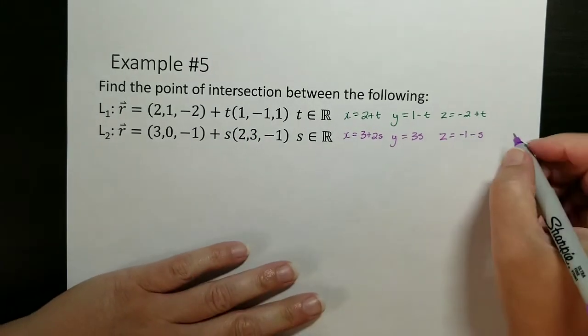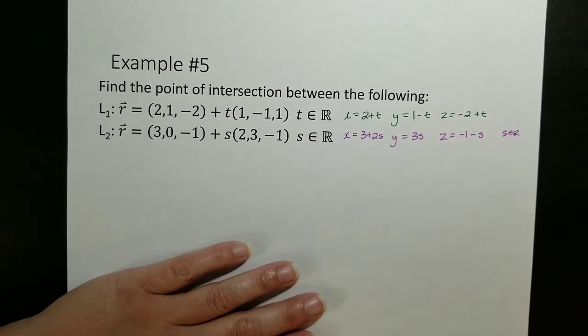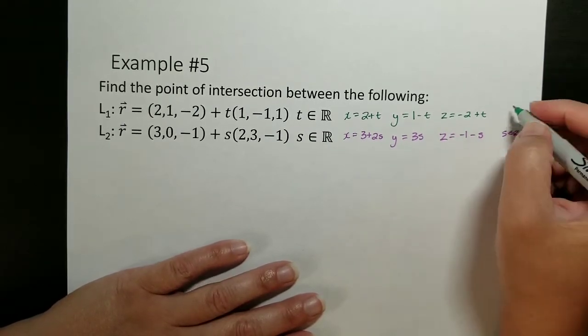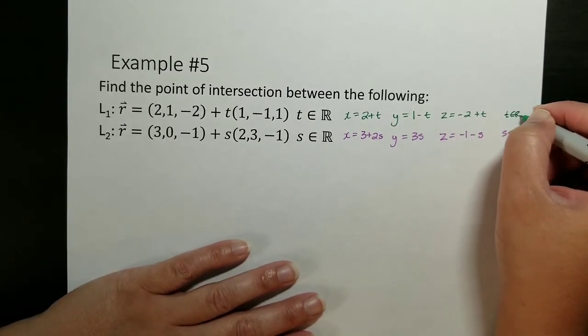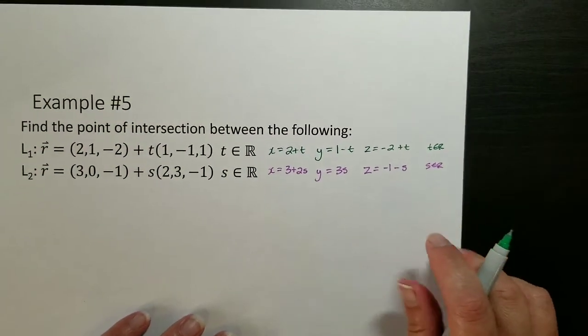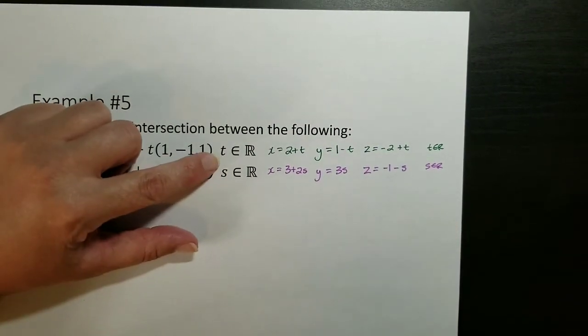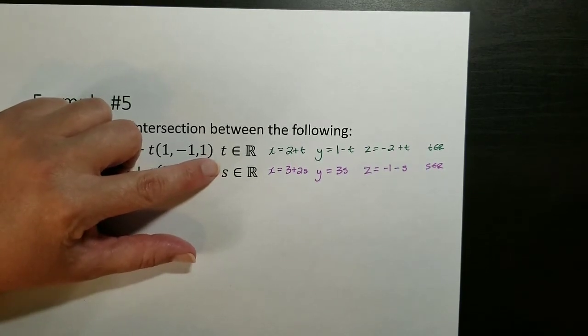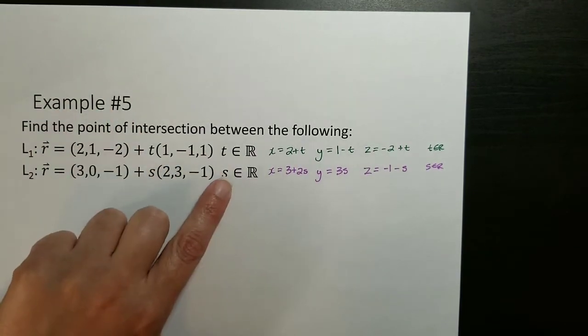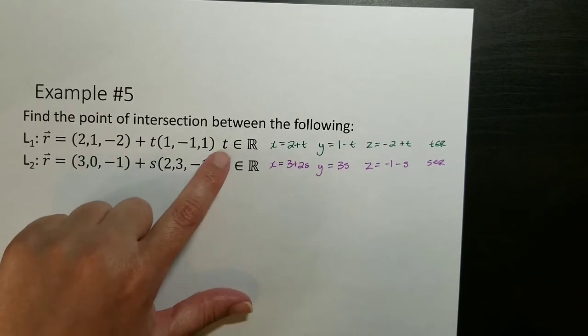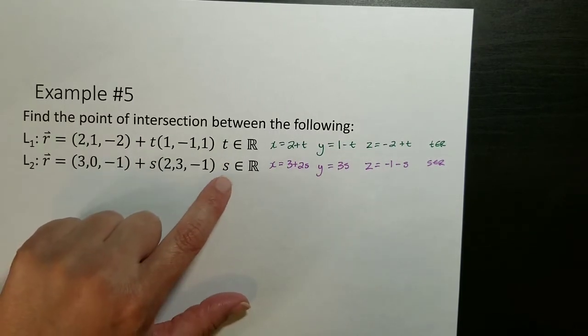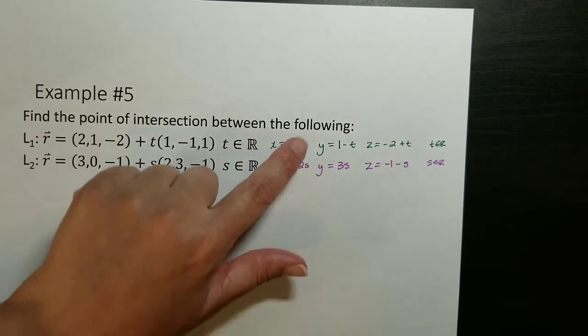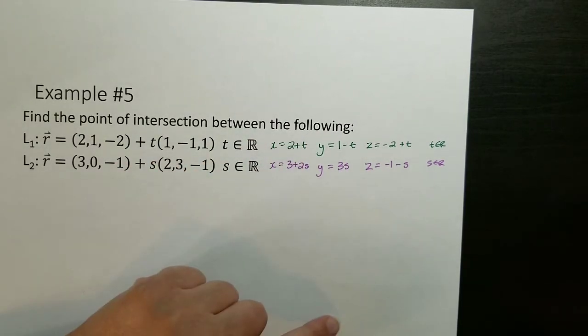And just a note of caution, if you are coming up with an equation here, or if you're finding that intersection and both of these parameters are written with the same letter, you have to change that. Like if you by chance had written two equations of lines and used t for both of them, swap one of them to a different letter because you have to keep those two variables distinct.